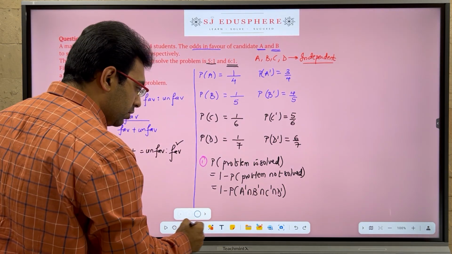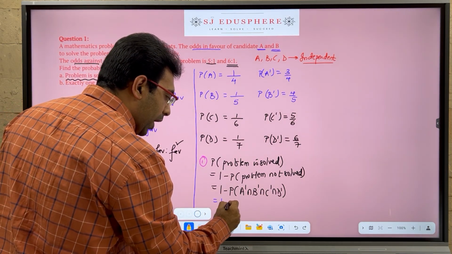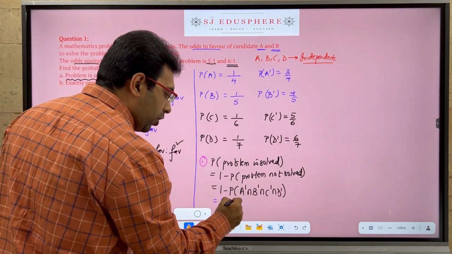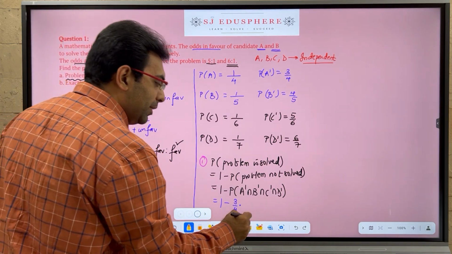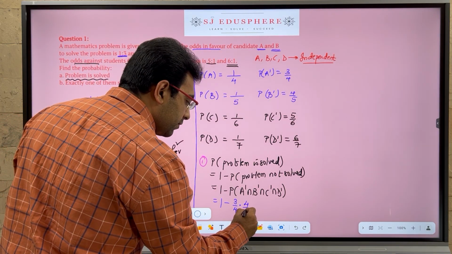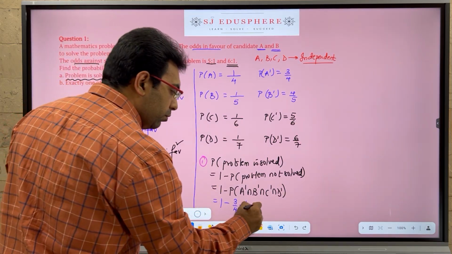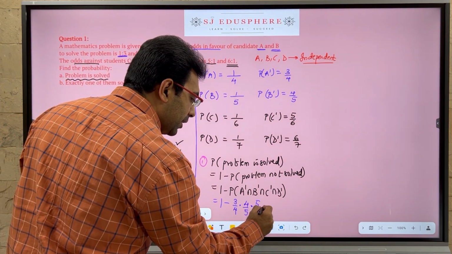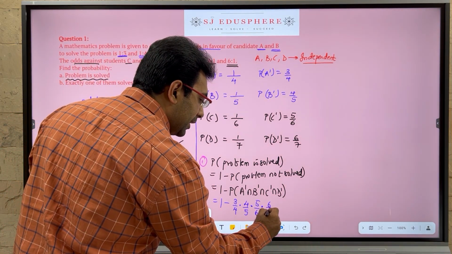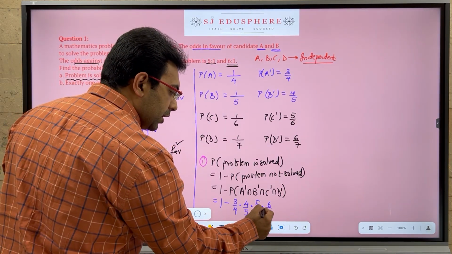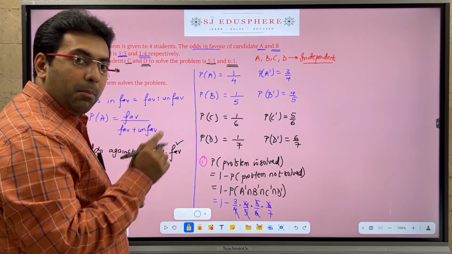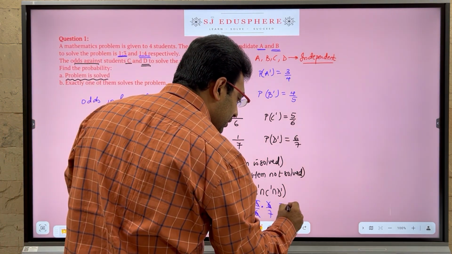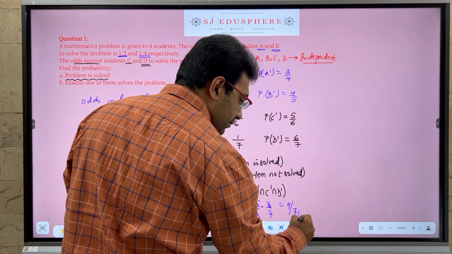So this will be 1 minus probability A complement, that is 3/4, into probability B complement, which is 4/5, into probability C complement, into probability D complement. Here my numbers get cancelled and I'm left with 1 minus 3/7, that is 4/7.